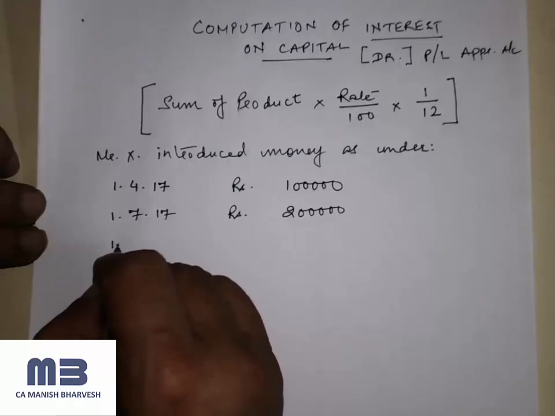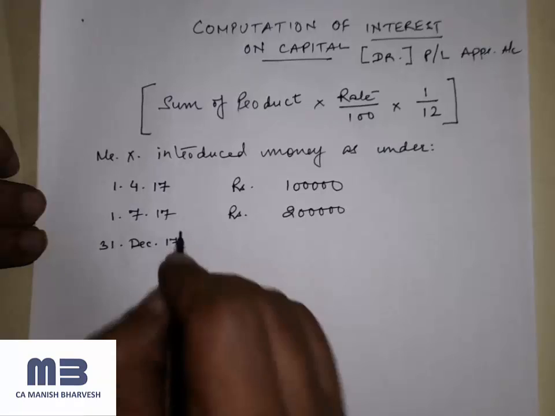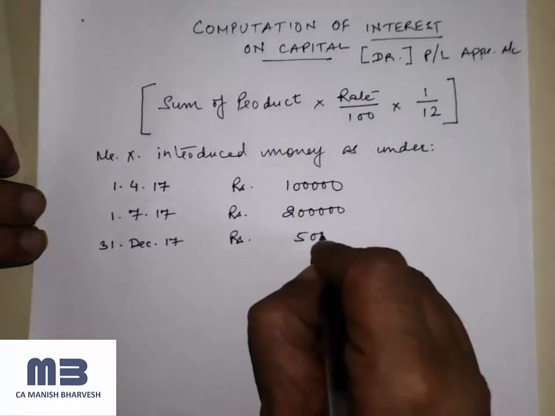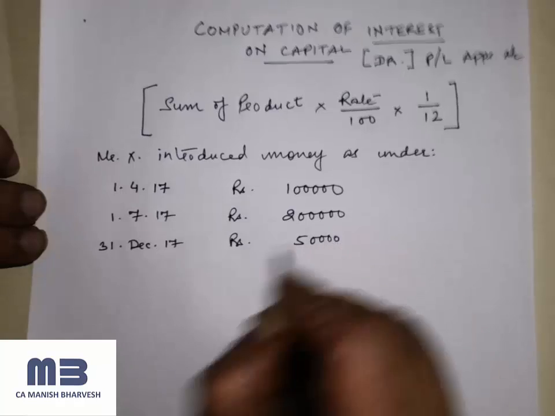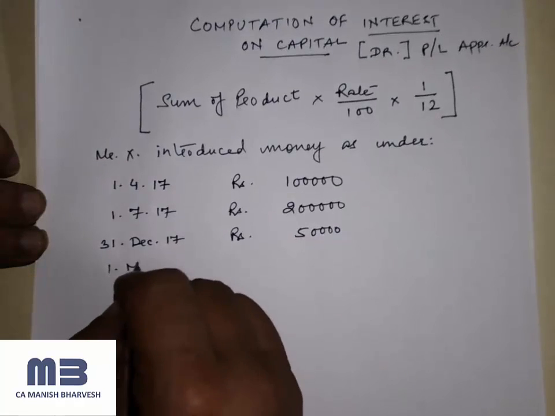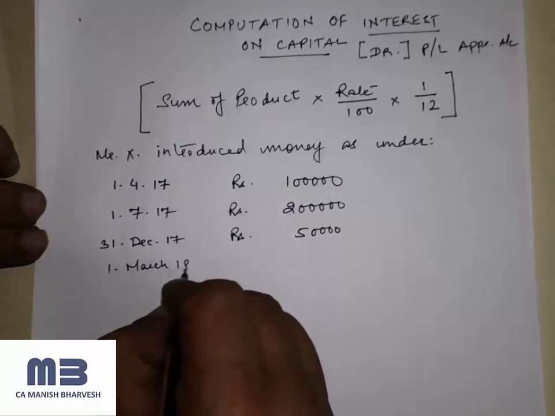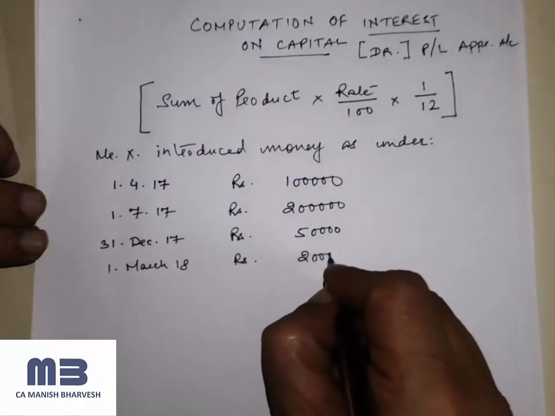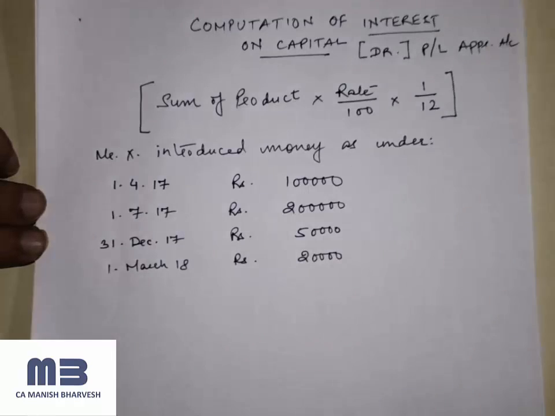On 31st December 17, he introduced rupees 50,000. And again on 1st March 18, rupees 20,000. So these were the investments made by him.